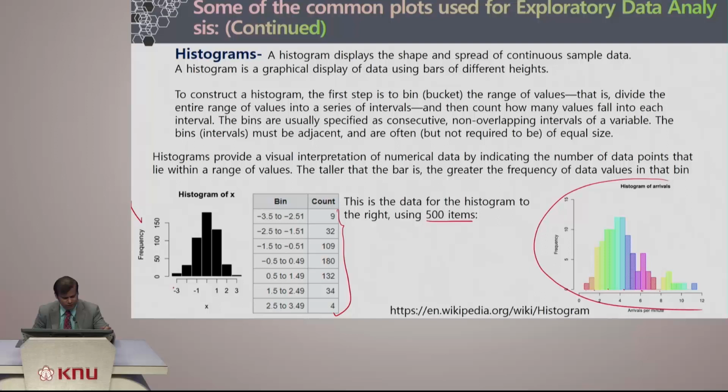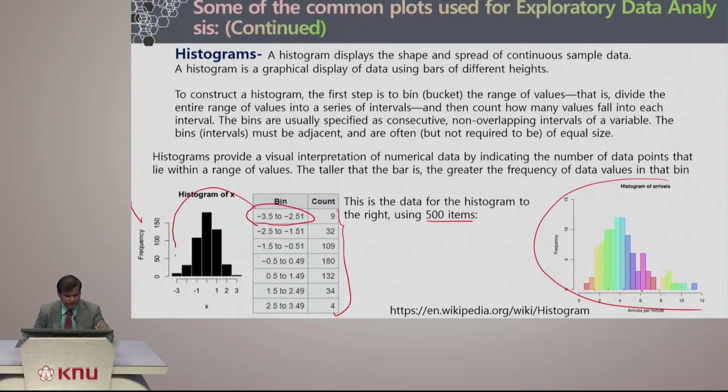So you can see for minus 3.5 to minus 2.51, we have a value of 9 counts.